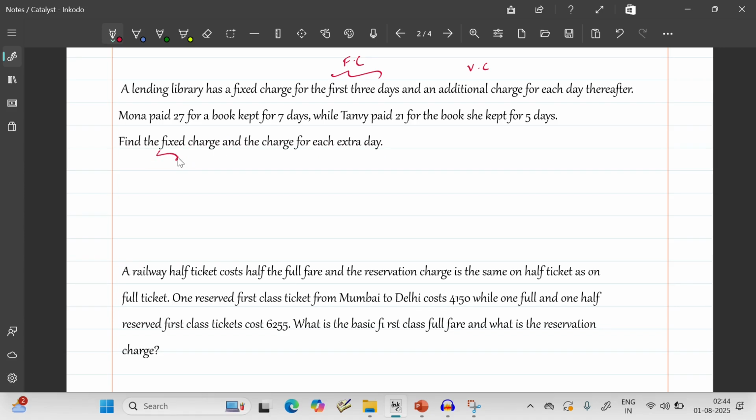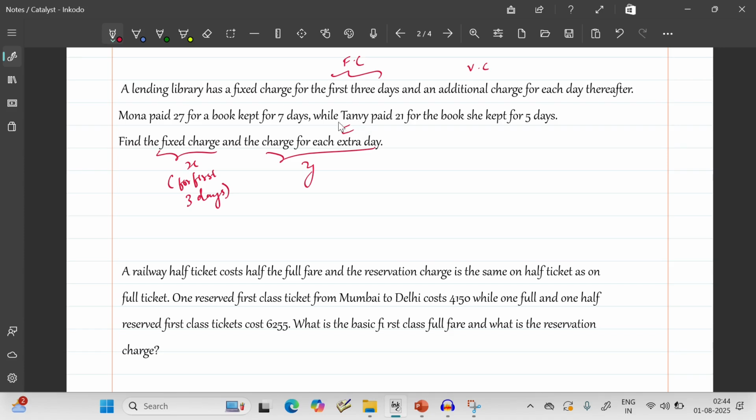Let us assume that the fixed charge is x. Okay, now remember, this x rupees is for the first 3 days. This is the cost of first 3 days, and this y that you're taking is the charge per day after the 3rd day. That's why they have written for each extra day.